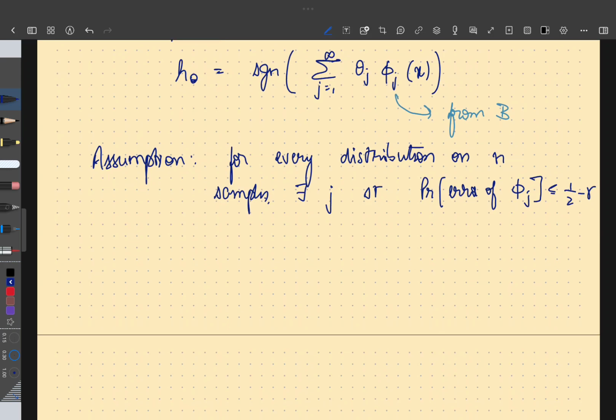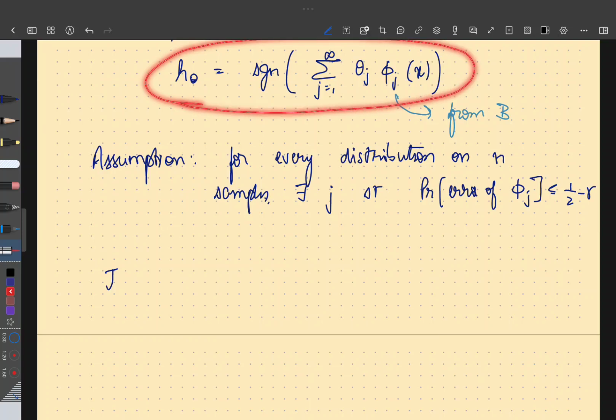So one way to find a predictor of this particular form would be to run empirical risk minimization over the hypothesis class of all possible predictors that can be written in this form. And that's the approach we will take. But instead of using the 0-1 loss, we'll look at a different loss.